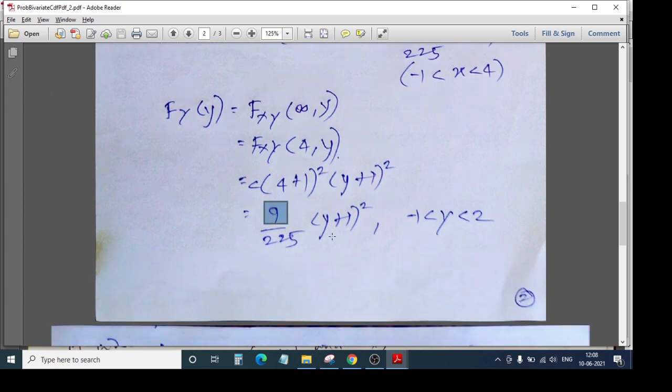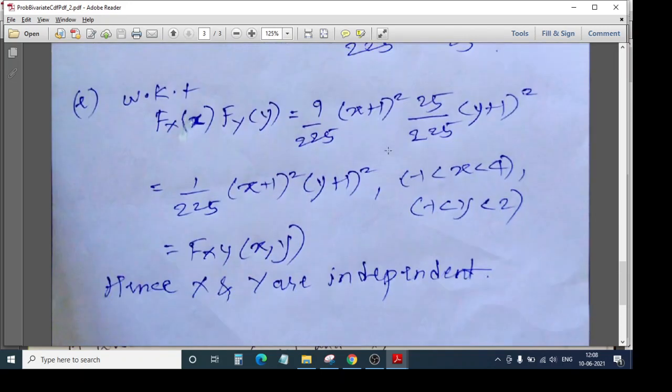So this is 25 divided by 225 into y plus 1 the whole square. So 25 into 9 is nothing but 225. So the 225 in the numerator and 225 in the denominator would get cancelled, and here you would get 1 divided by 225.